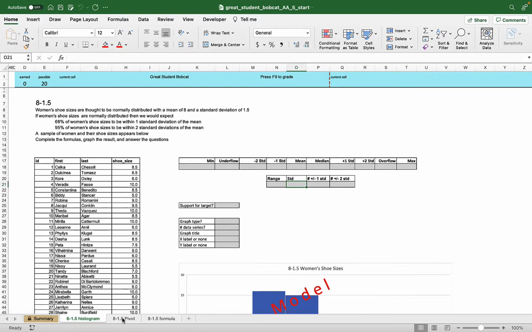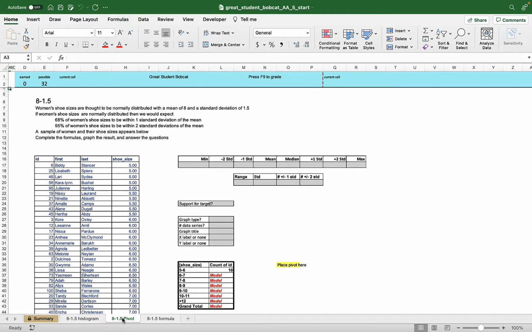Okay, for the pivot, you're going to again do the min and the max. Notice that for the pivot, we're not going to ask for the underflow and the overflow because those really only apply to the histogram.